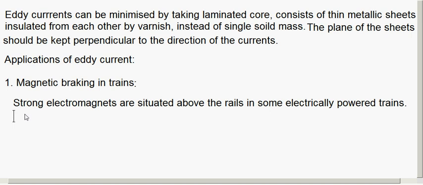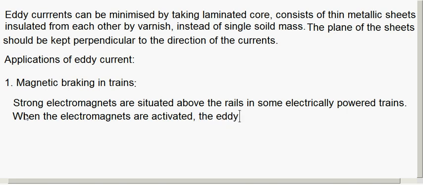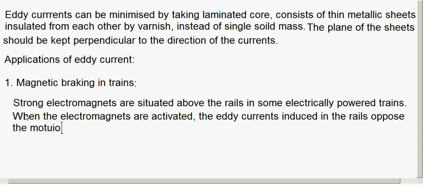Now what happens? When the electromagnets are activated, the eddy currents induced in the rails oppose the motion of the train.